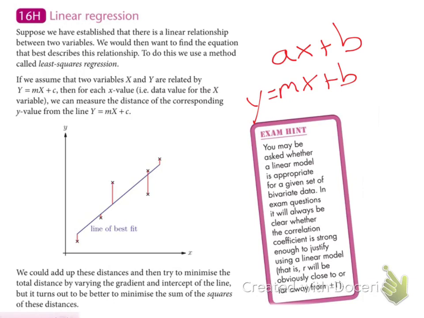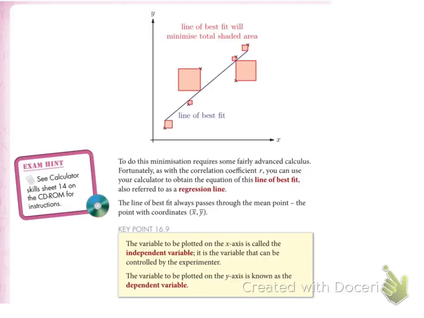But for this course, we do not need to do that. So we're just going to use our calculators, and that's going to be a fairly easy way to finish up our chapter. So that forms the line of best fit that we have here, and I call that the regression line.